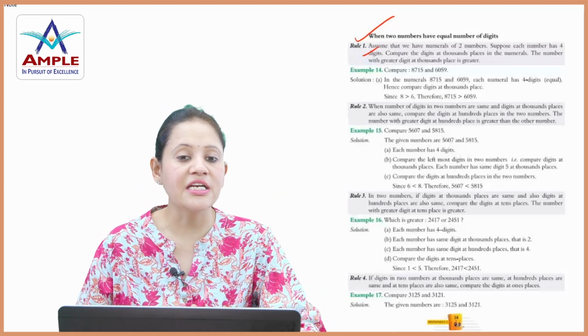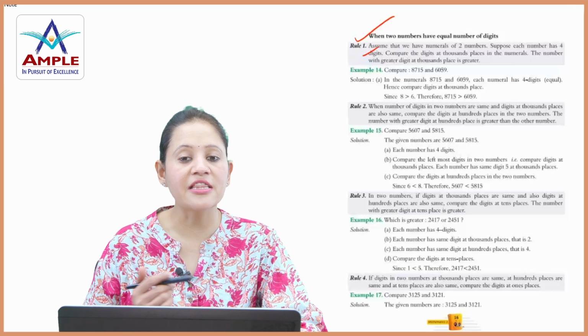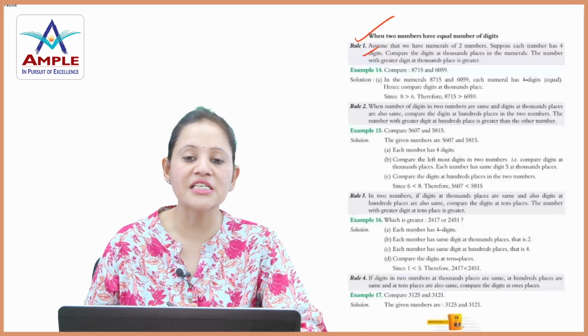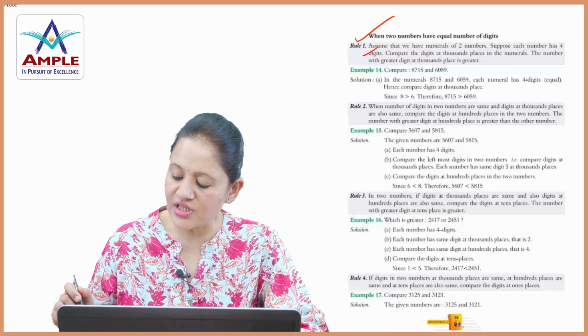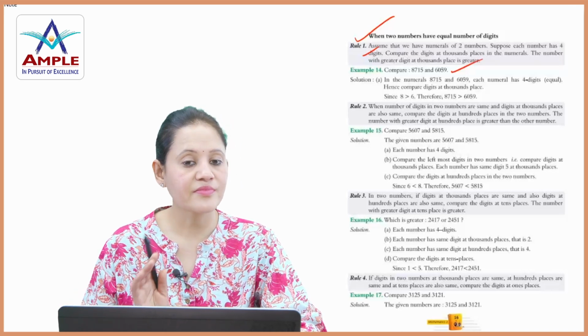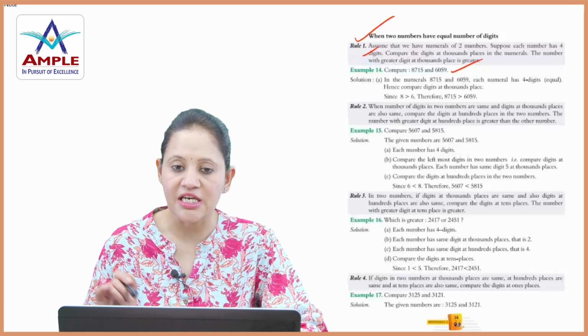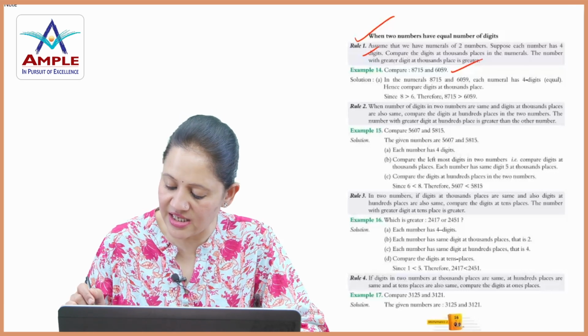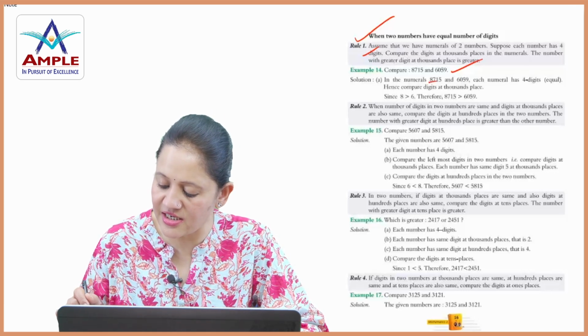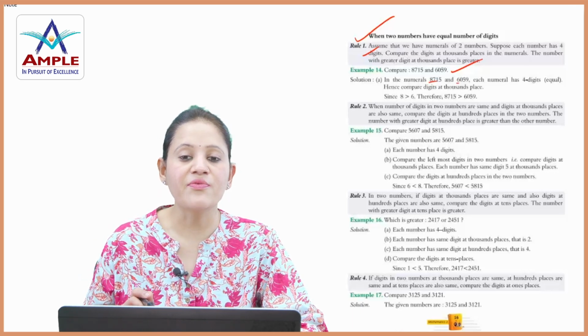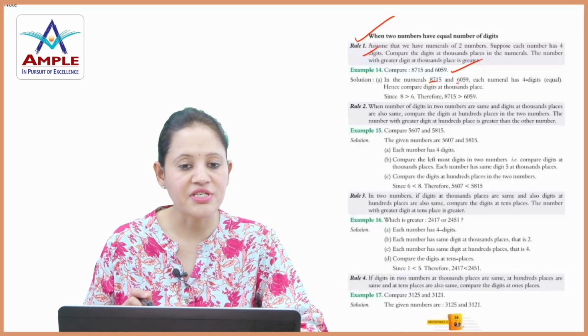The number with the greater digit at the 1000 place will be greater. For example, compare 8715 and 6059. Both are 4-digit numbers. We start from the leftmost digit. Here it is 8 at the 1000 place and here it is 6. 8 is greater than 6, so 8715 will be greater than 6059.